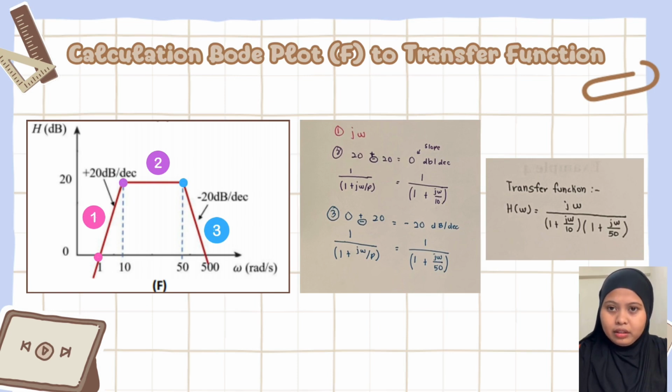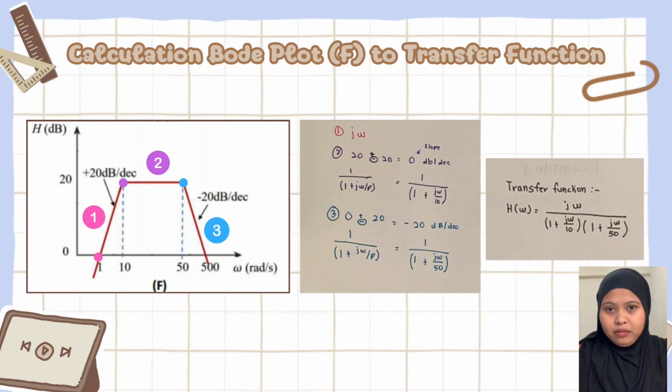Thirdly, line 3 is a decrease with a negative 20 slope. How do we get negative 20? We have a zero slope, so minus 20, we get a negative 20 dB per decade slope for line 3.